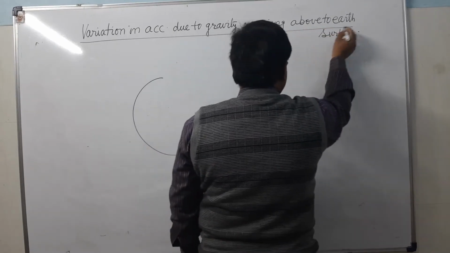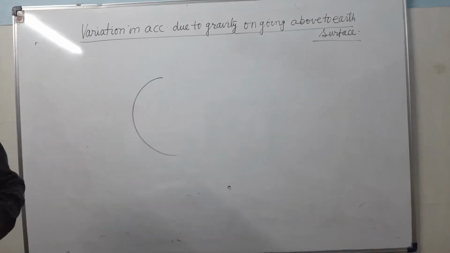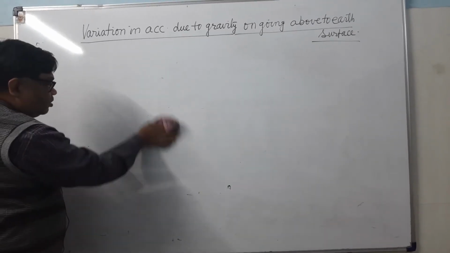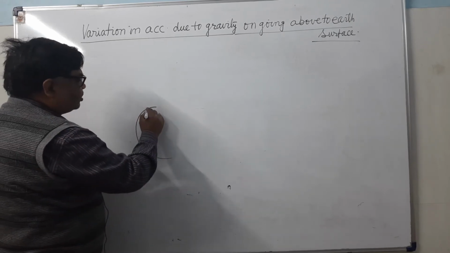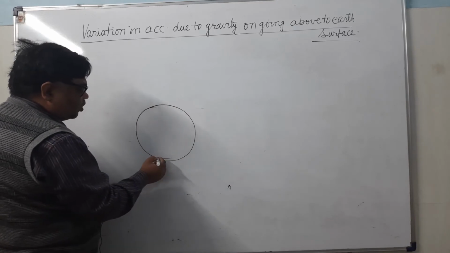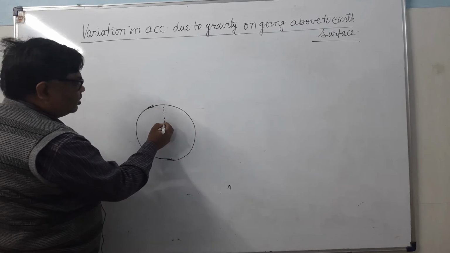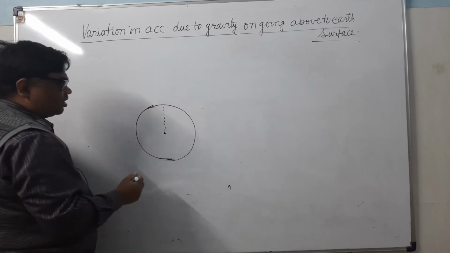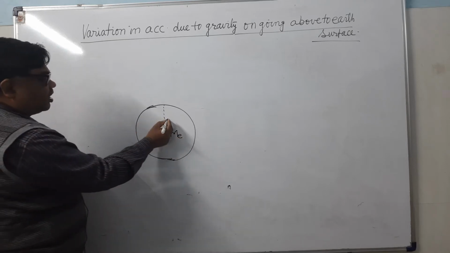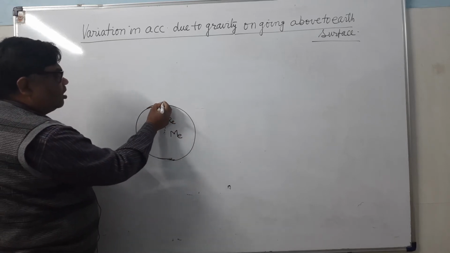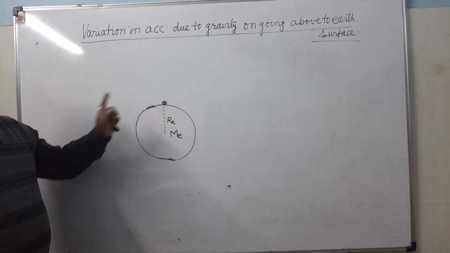Now see here. We have assumed that on the Earth's surface, acceleration due to gravity is g. Here this is the Earth. This is the center of Earth where the whole mass Me is concentrated. This is the radius of the Earth, Re. Now there is a body situated on the surface of the Earth.